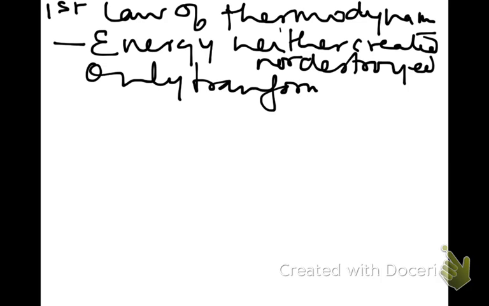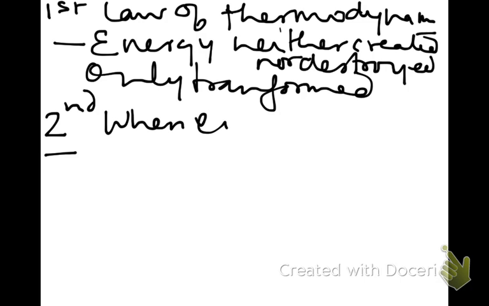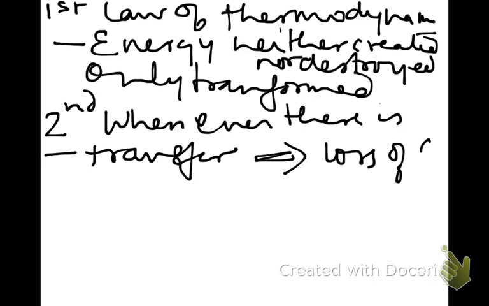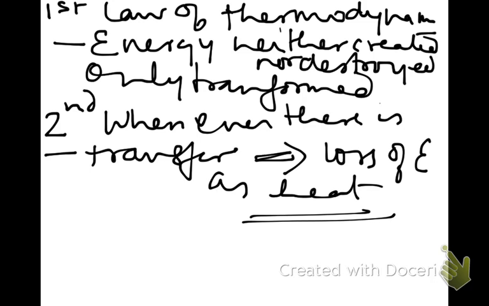Transformed, right? On the other hand, the second law of thermodynamics says that whenever there is a transfer of energy from one form to the other, there is loss of energy as heat. This is something unavoidable. You cannot avoid this particular situation.